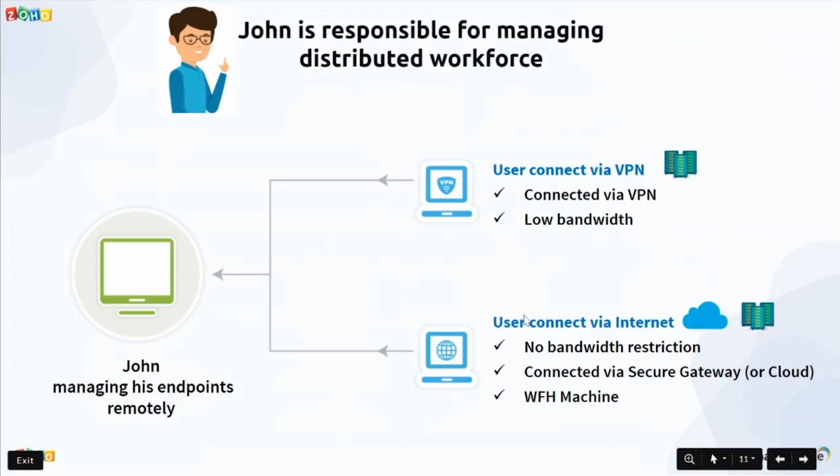Apart from these 2 types of remote users, John should now revise a strategy to get the back to office machines up and running as offices across the globe are slowly opening up for business. Let's take a look at how he handles these challenges.